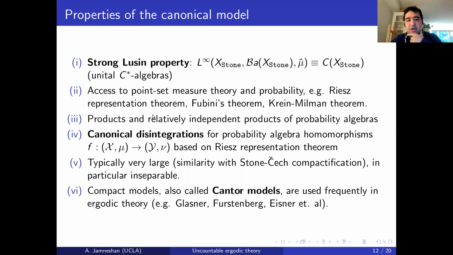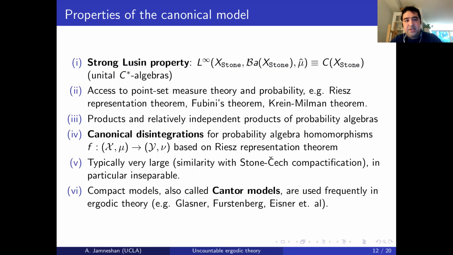The good thing about the canonical model is that now we can access tools from point-set measure theory and probability. For instance, we can now use the Riesz representation theorem, because a Stone space is compact. We can use Fubini's theorem, we can use the Krein-Milman theorem, all kinds of dualities in functional analysis.